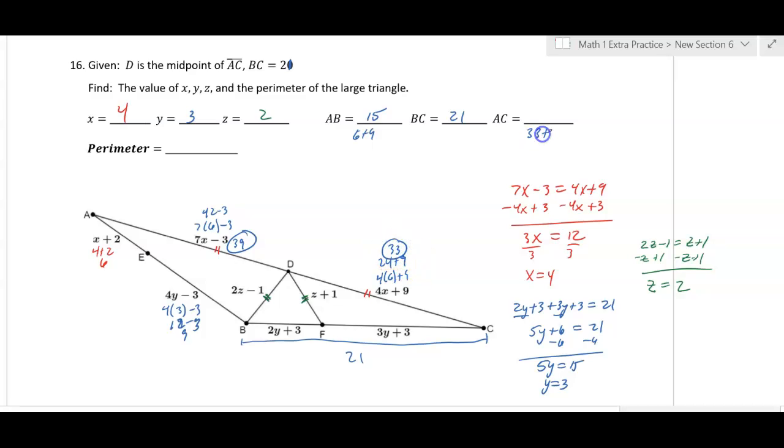So 33 plus 39 is going to give you 72. So now the perimeter would just be 21 plus 15 plus 72, and that will give you a perimeter of 108. Okay.